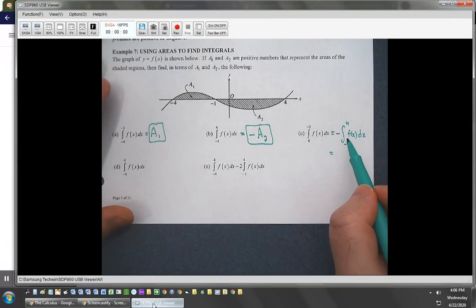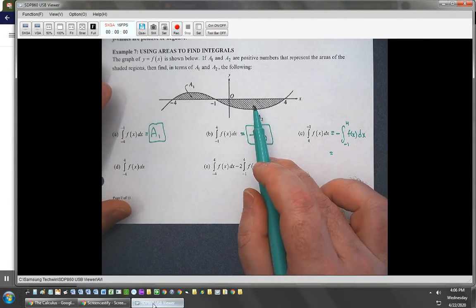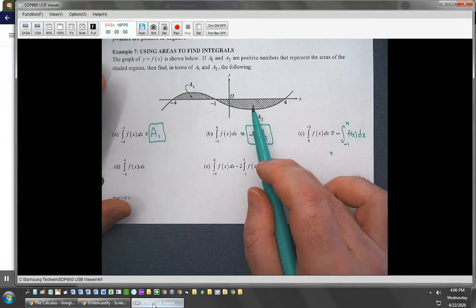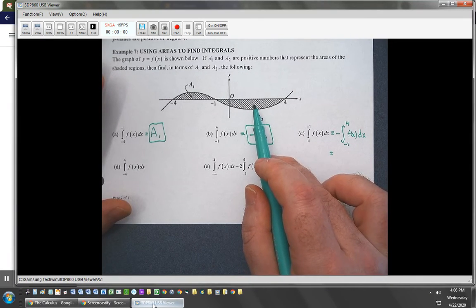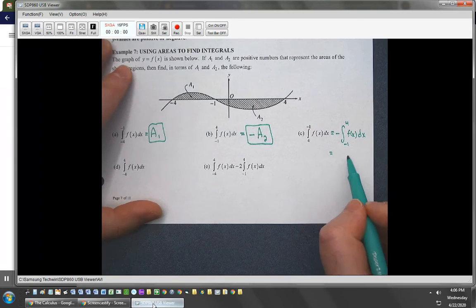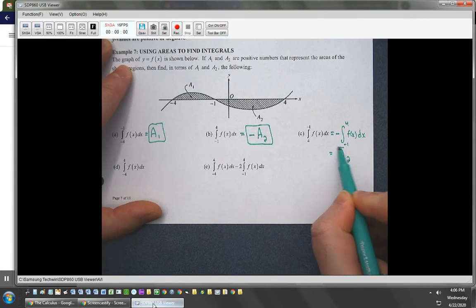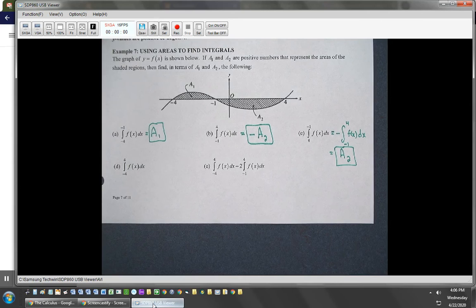So we already know that the integral from -1 is this area. This area is negative because it's below the x-axis, but we're also taking the negative of that, so it actually turns it back into the positive A sub 2.